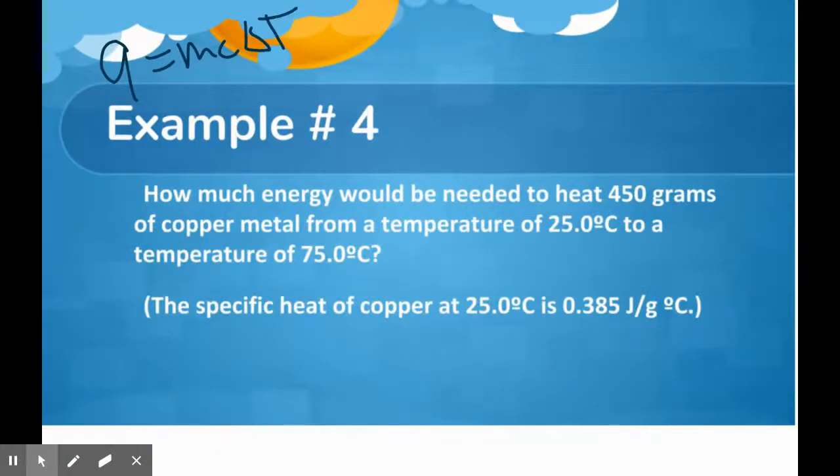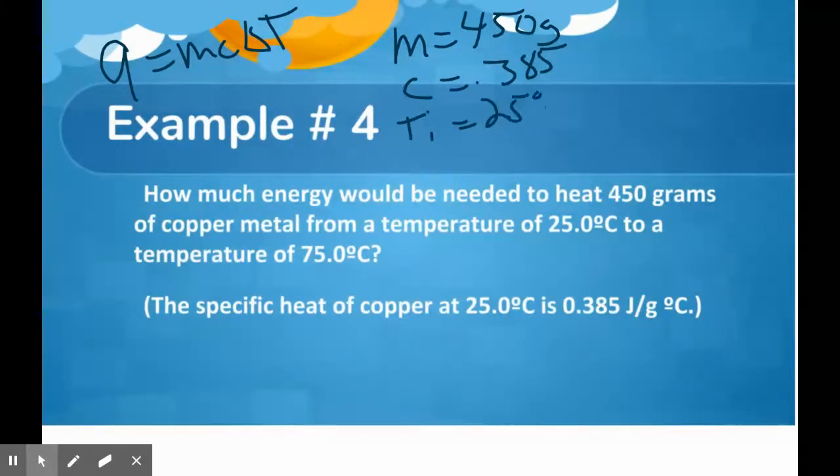Okay, and our last example says how much energy would be needed to heat 450 grams of copper metal from a temperature of 25 degrees Celsius to a temperature of 75 degrees Celsius. So our mass is 450 grams. Our heat capacity is 0.385. Our initial temperature is 25 degrees Celsius, and our final temperature is 75 degrees Celsius.